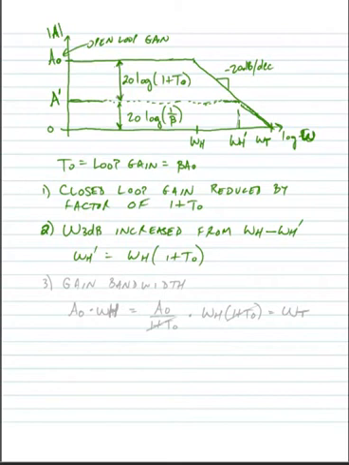So that's a good thing. We traded off a large amount of gain for the feedback to have the stable gain, but we also get more bandwidth from our circuit by doing so.